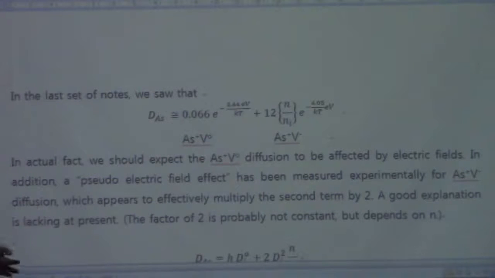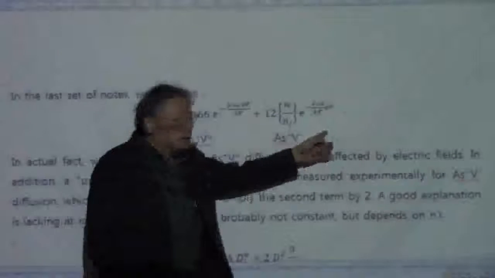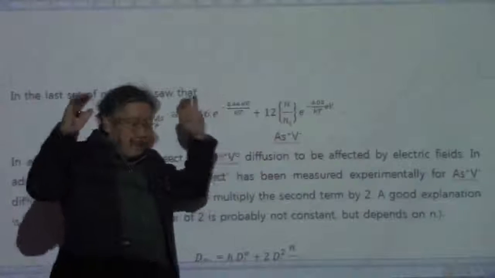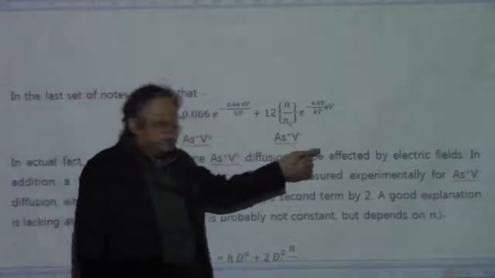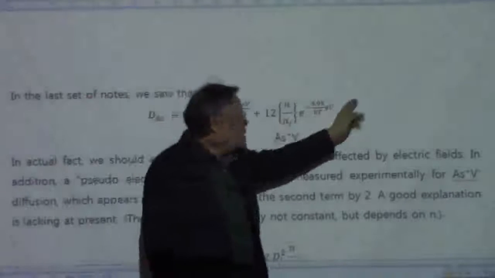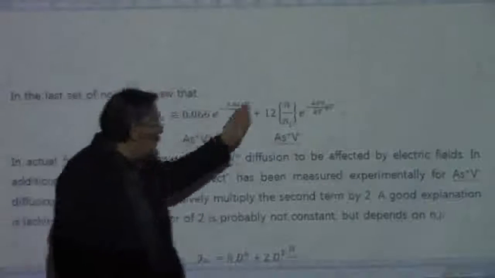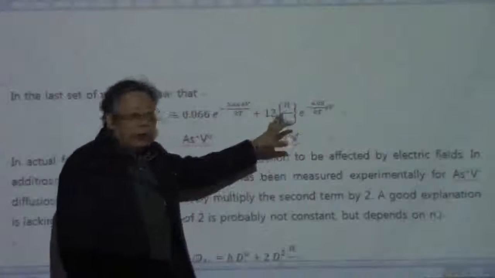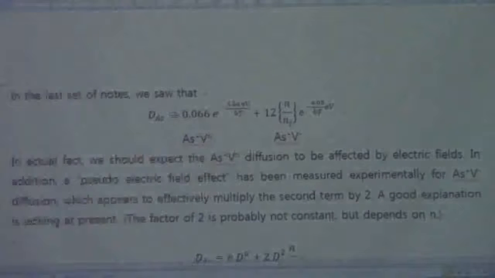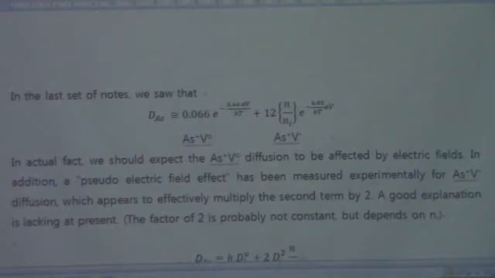If you have a heavily doped semiconductor, the Fermi level is going to be located close to the conduction band, and in that case, V double minus vacancy is going to be the dominant species. And then we have another term here, the third term. But in a heavily doped case, V minus will be dominant, so the diffusion coefficient can be simplified with these two terms.